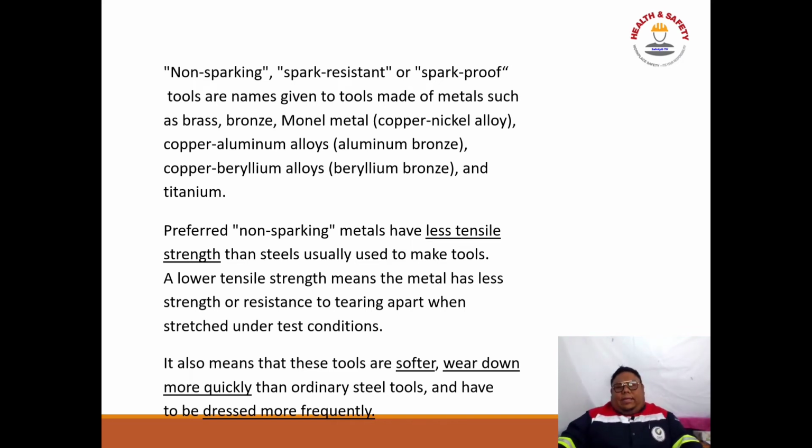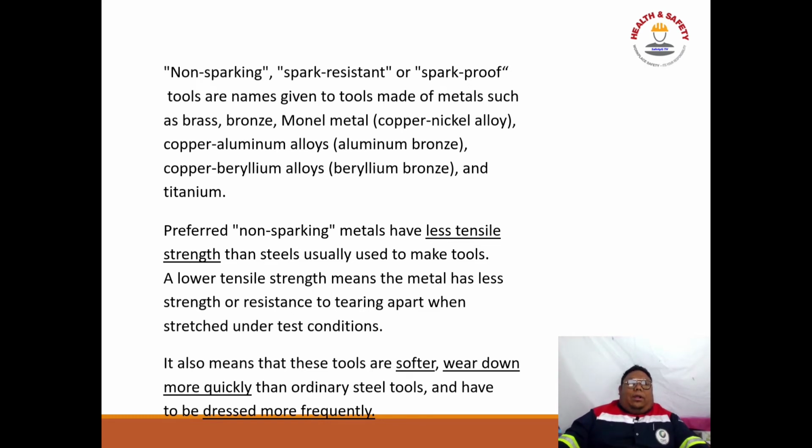Okay, that's why there are special tools, guys, that are being required. Non-spark metals have less tensile strength than steels usually used to make tools.